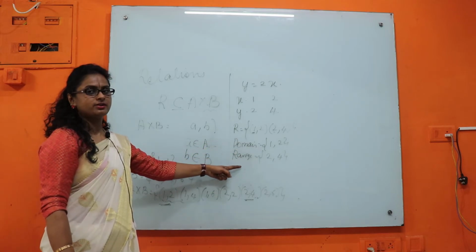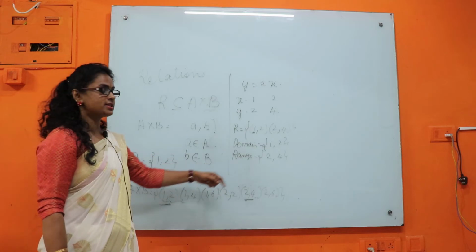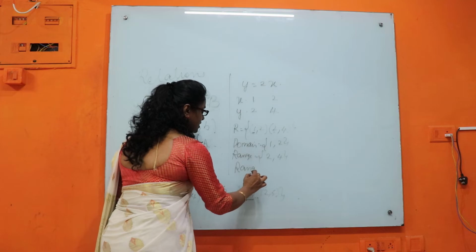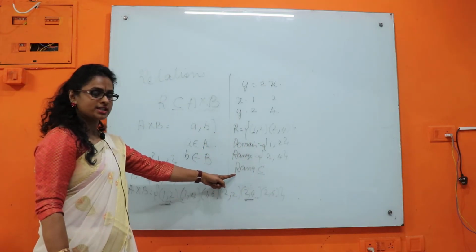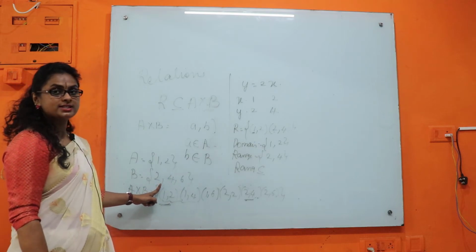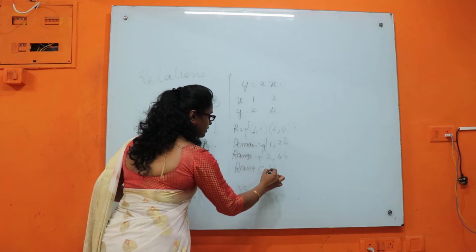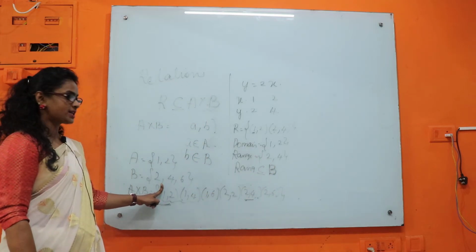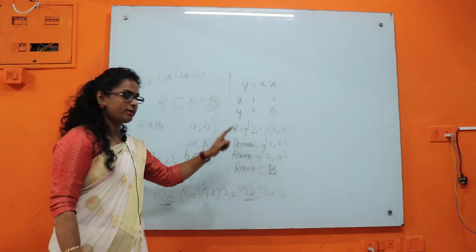Domain and range. Now there is one more important condition. The range is always contained in the second set, that is, here it is B. This is also an important condition.